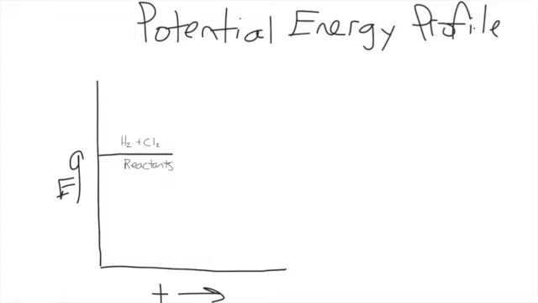Now the potential energy profile starts out with the reactants at some arbitrary energy along the vertical axis. And then as the reaction progresses, you'll notice a little bump in energy before the energy cascades down to the end, which is where the products are located.